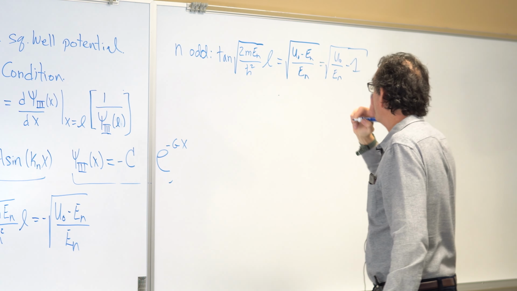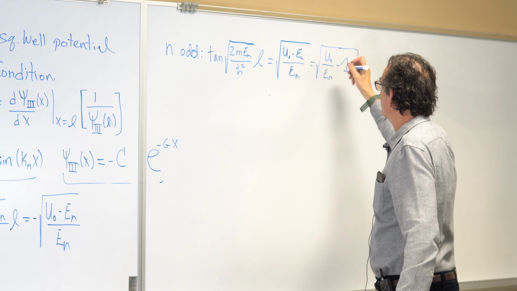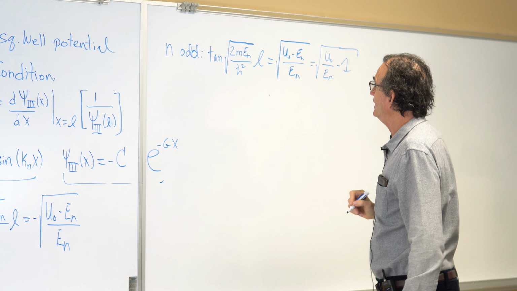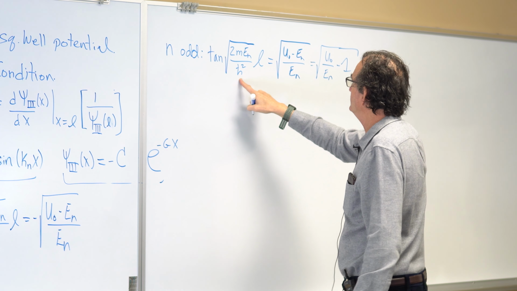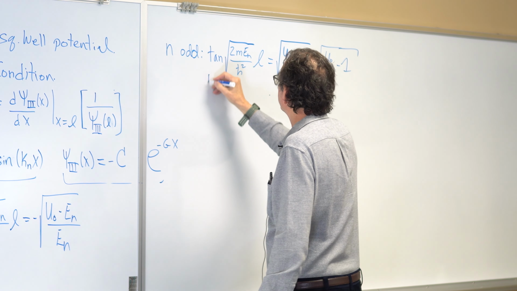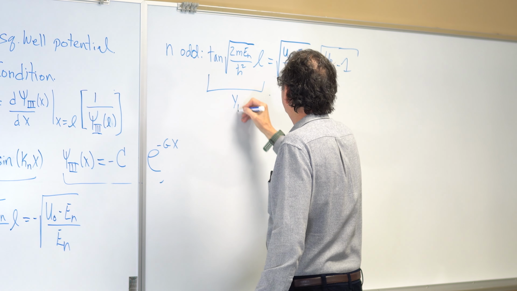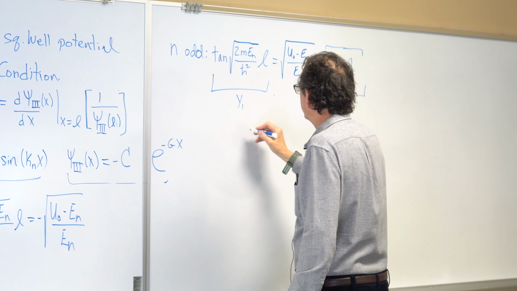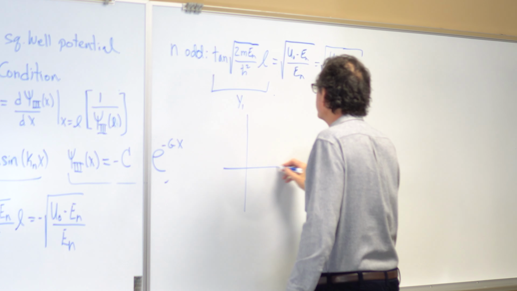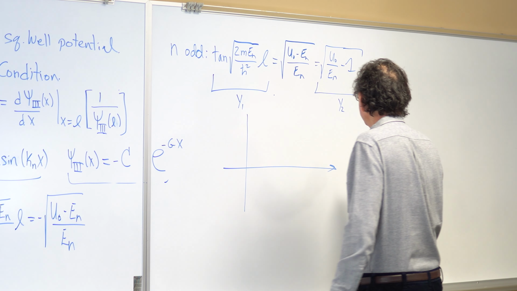And now I can plot for a given value of u0 here. I can plot this equation. This is my first function, which I call y1. This is my second equation, which I call y2. And I can plot these as a function of e sub n.